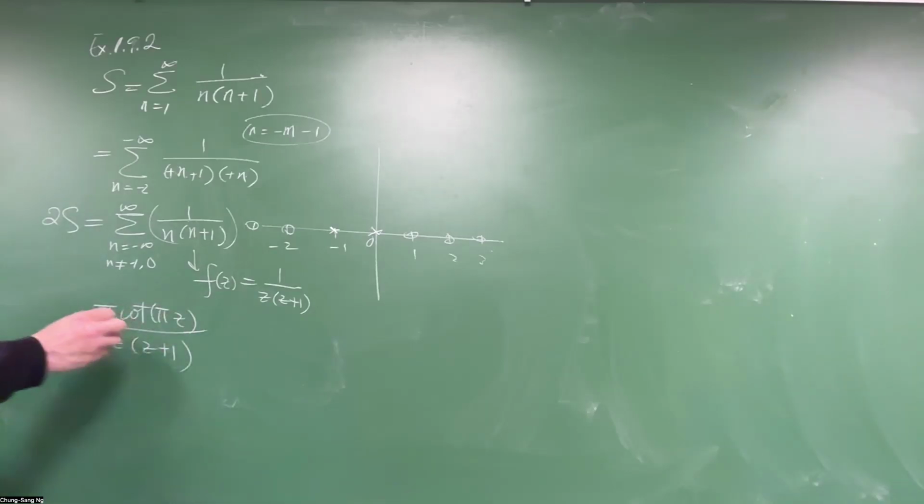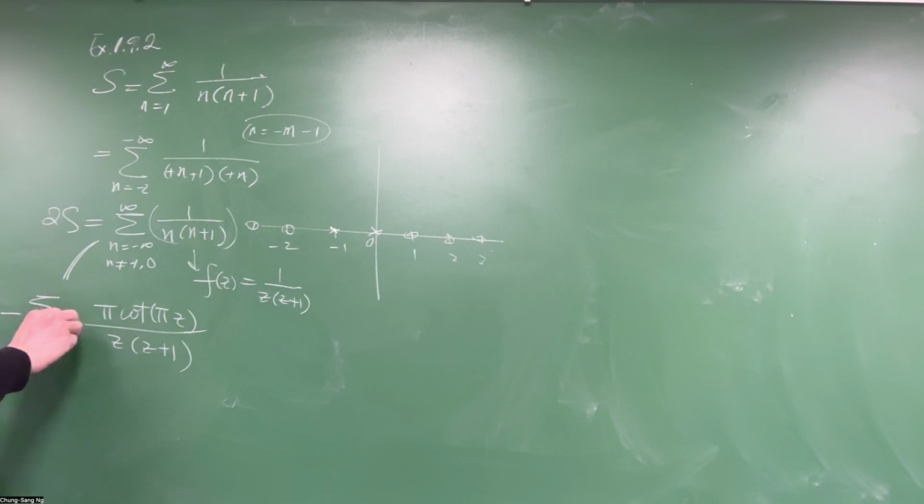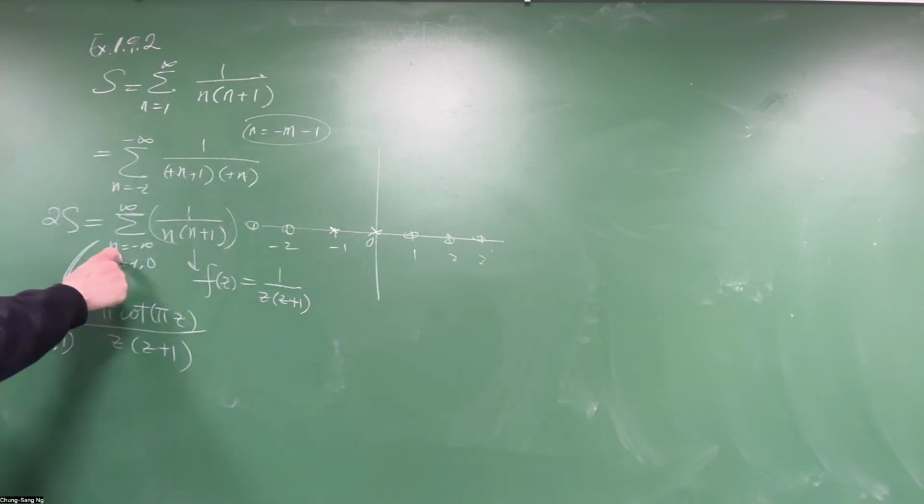So this integral is equal to, instead of the formula, you change that to the negative of the residues at 0 and minus 1 of this one, and this would be this series without these two terms.